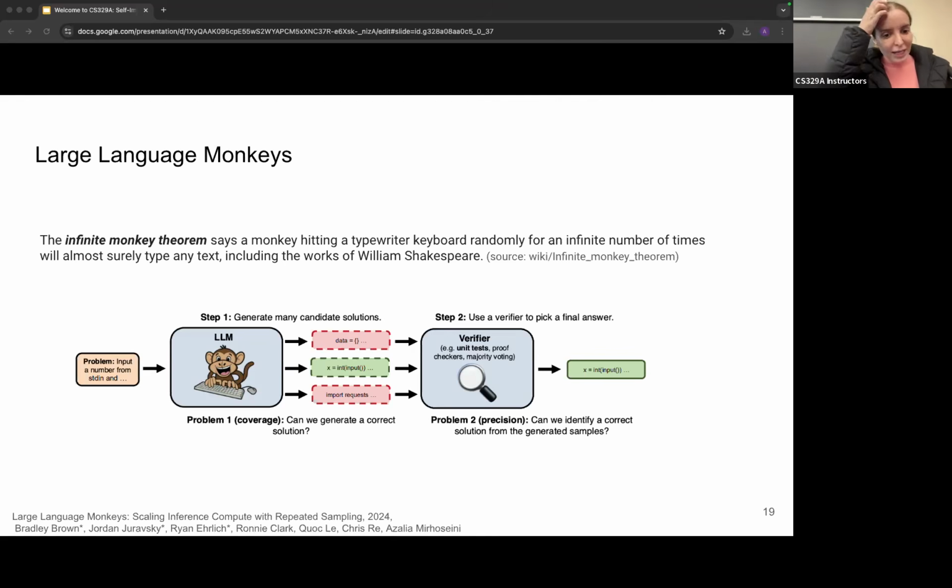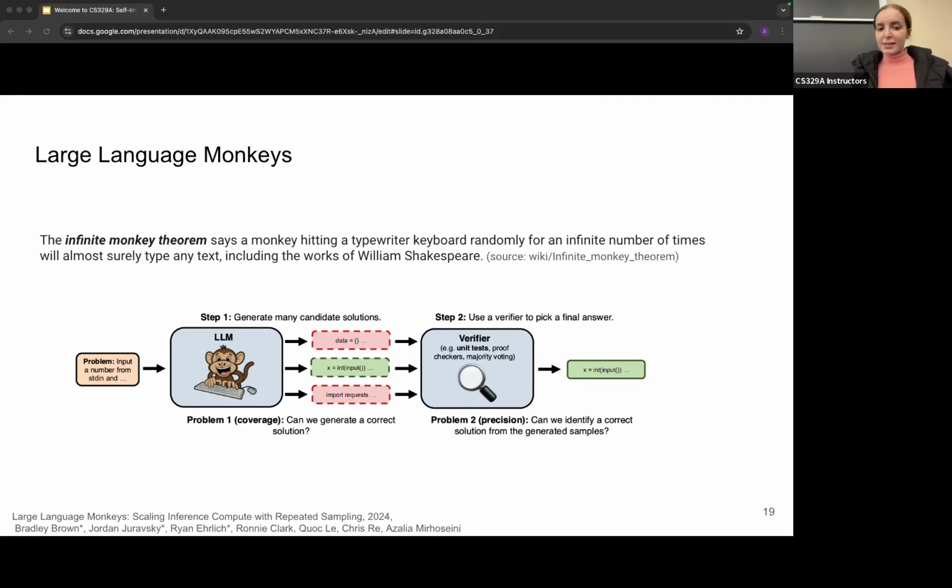So last year, we wrote a paper called Large Language Monkeys. The idea of this paper was very simple. We can increase compute at inference time for LLMs by just repeated sampling. We just ask the same question over and over again from the same model.